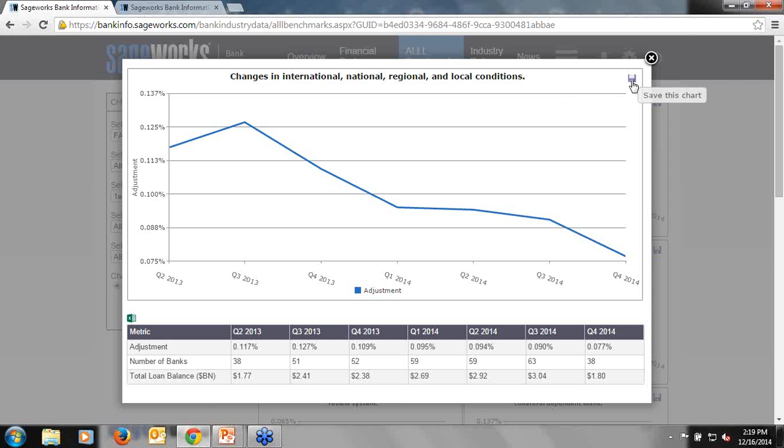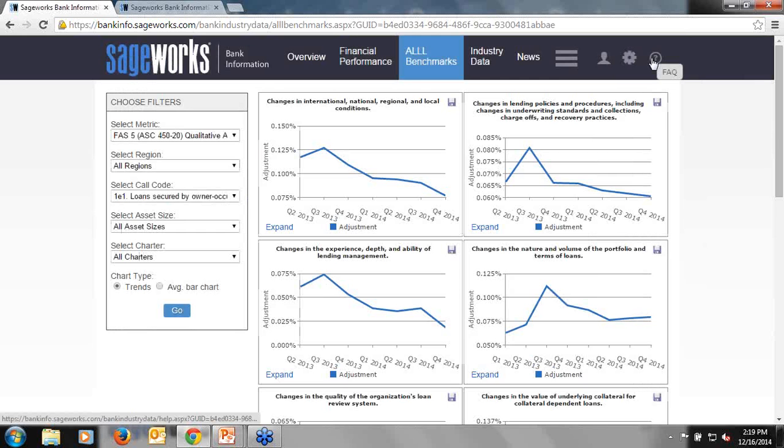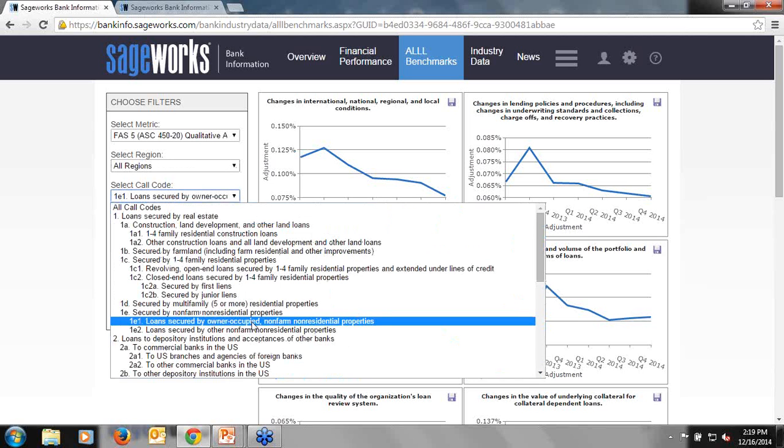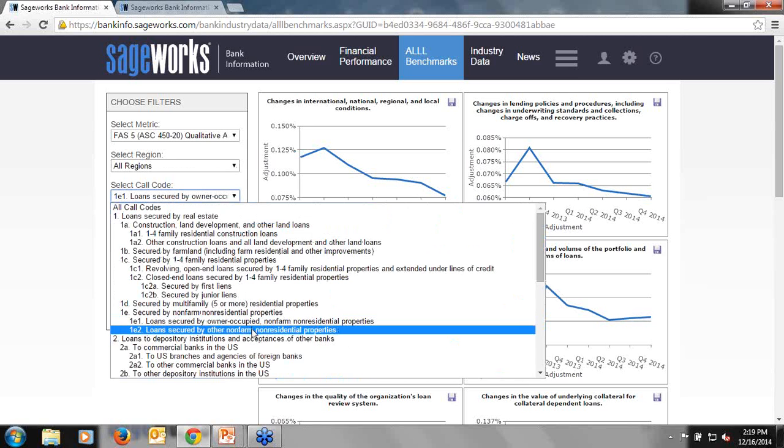For any of these charts, I also always have the ability to save this data. So when we talk about being able to document and defend my Q factors in relation to these benchmarks, I can always provide that documentation in hard copy or electronic file as well.